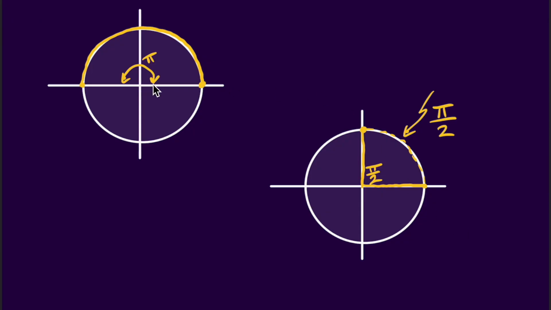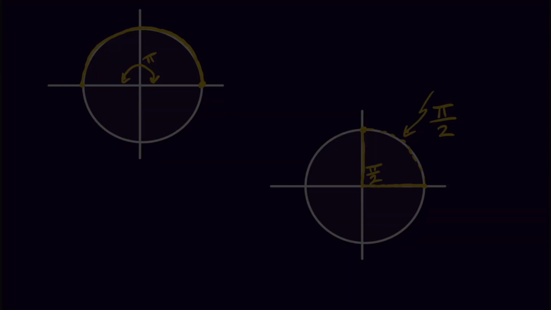If our angle theta is pi, the distance here is pi radians. Or if theta equals pi over 2, the distance around that circle is pi over 2. These match on the unit circle. And we're going to use that fact that this arc length matches the theta to prove classic limit number 1.